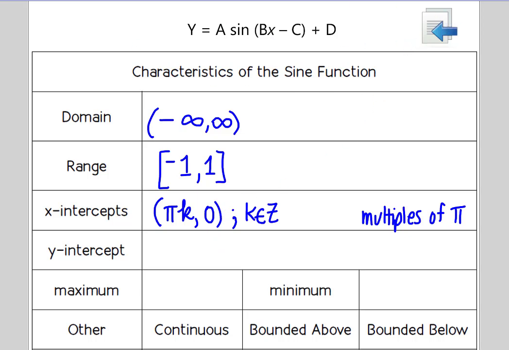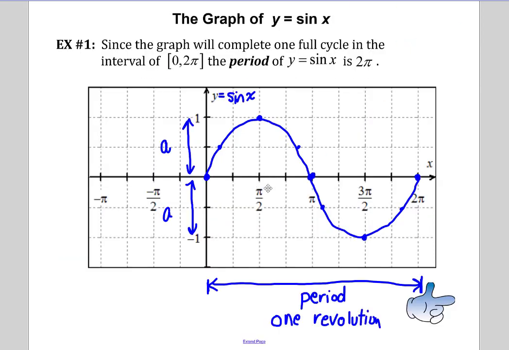And if we go back to that graph, you can see that the x-intercepts are at 0 and 1 pi and 2 pi and 3 pi. Or if we went backwards, they would be at 0 and -pi and then -2 pi and so on. We do have a y-intercept, that's at the origin.